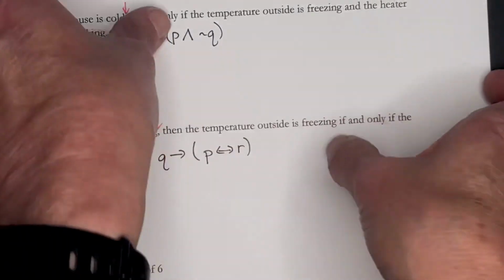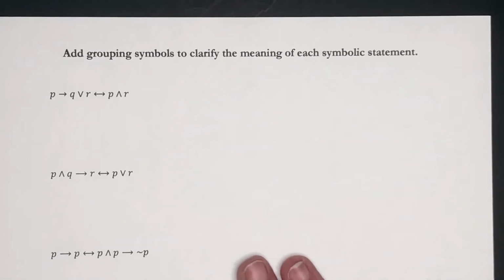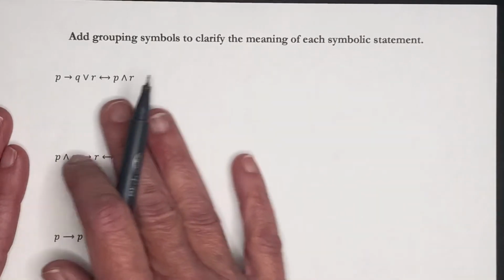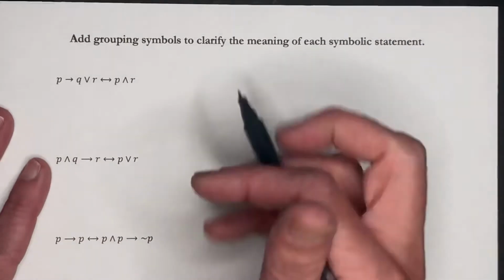Okay. And then our last bit, if I can turn the page, is simply to add grouping symbols. What I suggest doing is taking this and writing it big with a lot of space in it, and then you can rewrite it looking nice.